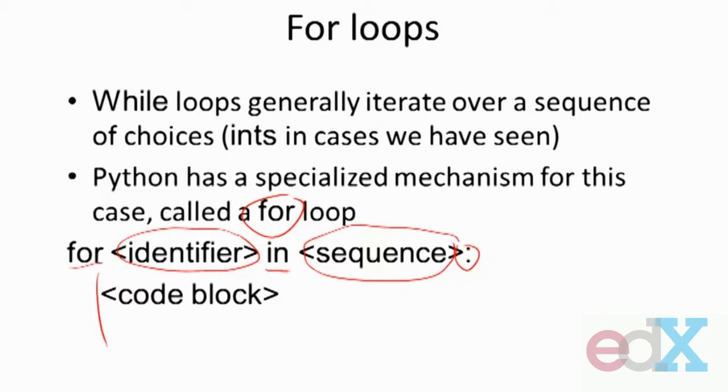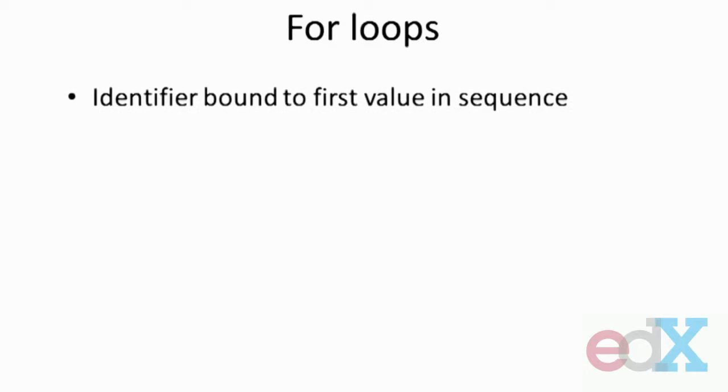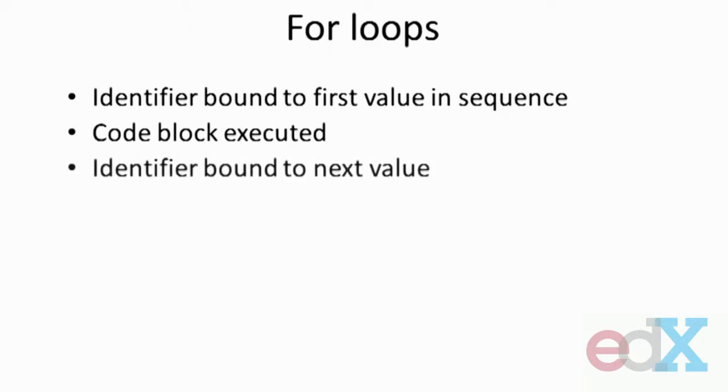Here's the basic idea behind a for loop. That identifier is initially bound to the first value in the sequence. The code block is then executed. The identifier is then bound to the next value in the sequence, and that code block is executed. Now, if we stop here, you may get worried. You say, well, aren't I going to go through all possible choices in the sequence? And the answer is yes.